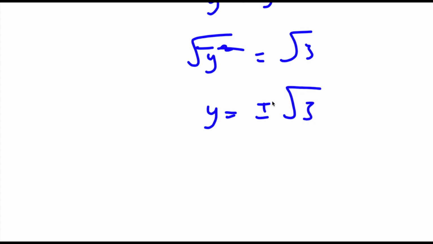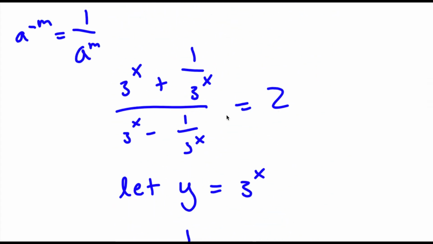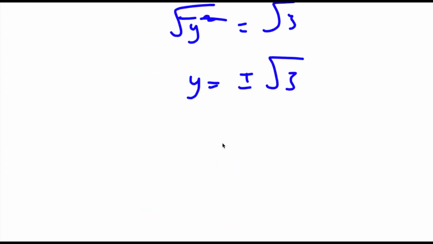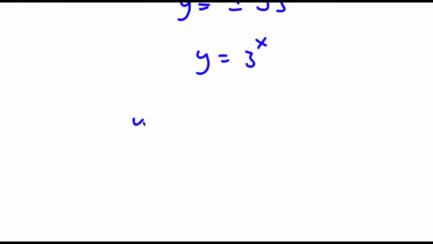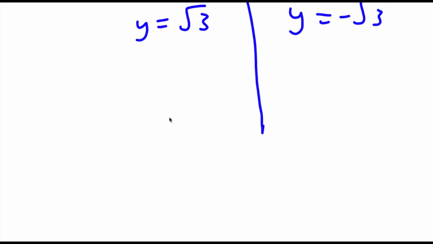And now remember how we let y equal 3 to the power of x. So if y is equal to 3 to the power of x, then we have two values of y. We have y is equal to the positive square root of 3, and y is equal to negative square root of 3. So y is equal to 3 to the power of x, right?